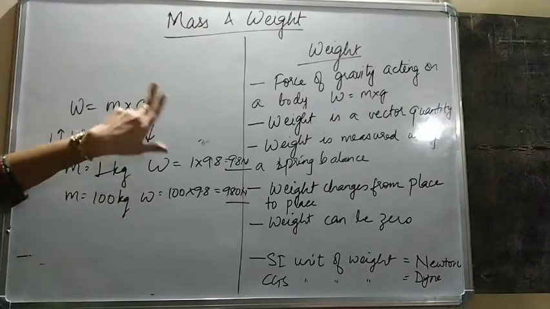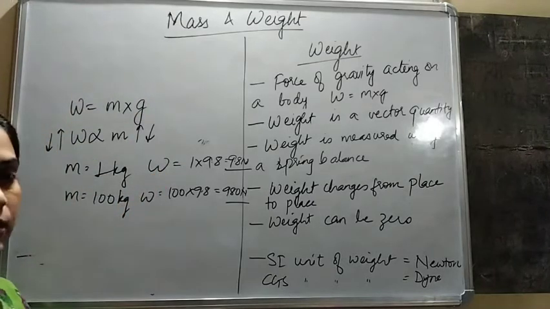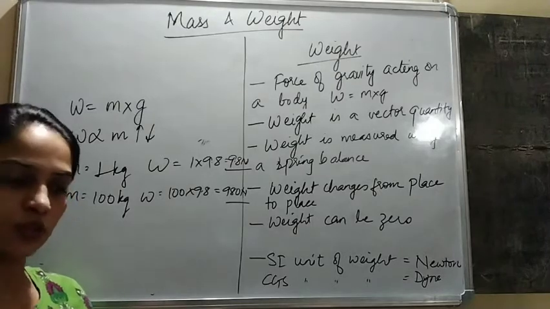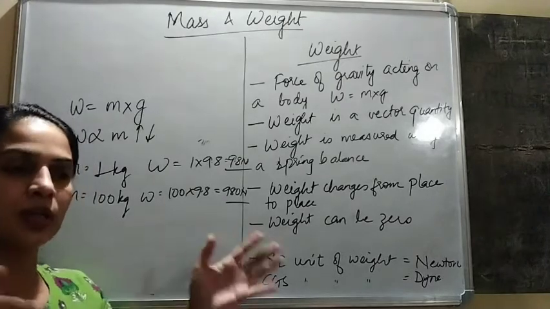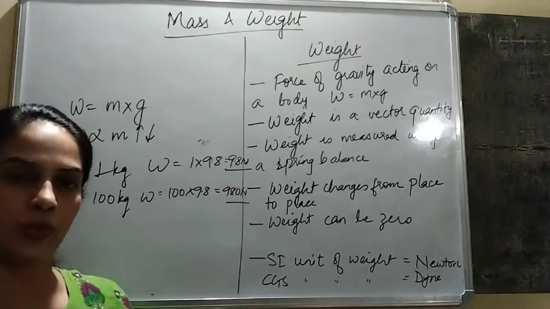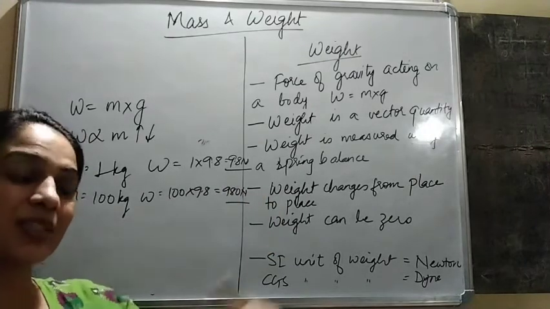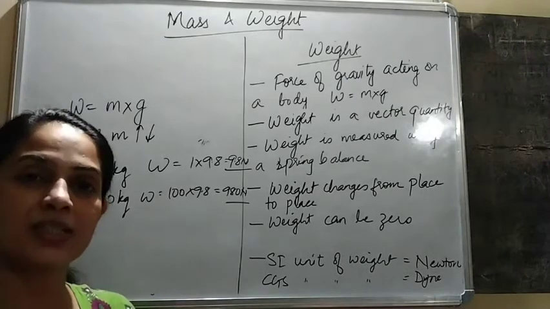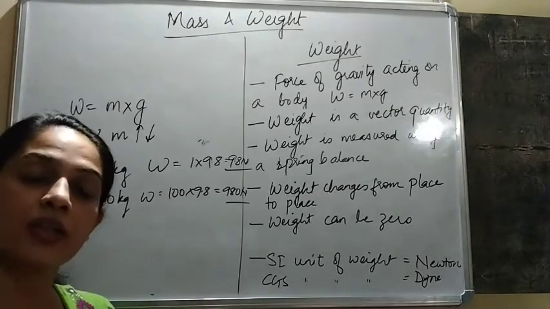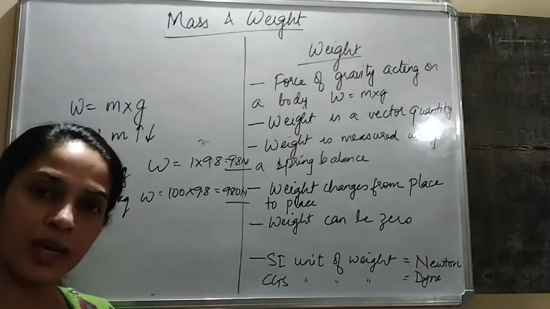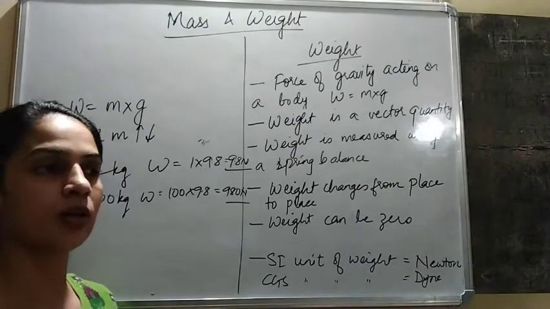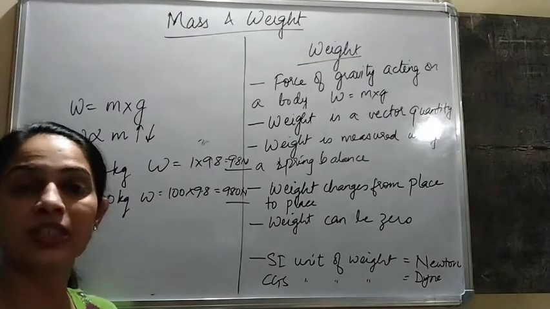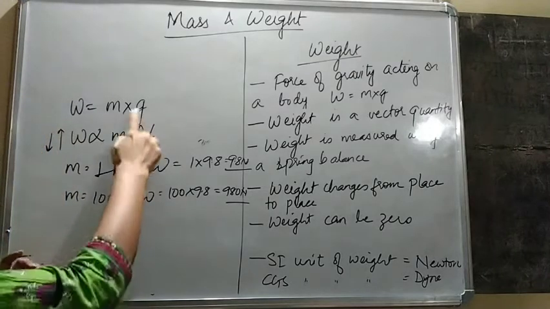Now g is constant at nearby places. You are not going above or below the surface of the earth, you are somewhere on the equator, so you are not changing place much. For nearby places, some hundreds of kilometers apart, the value of g doesn't change. So g will be constant.